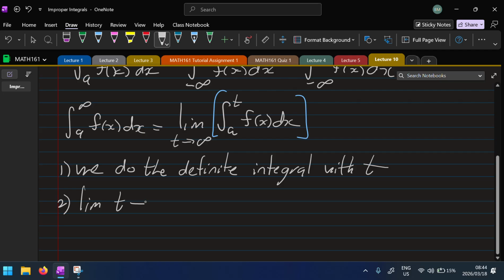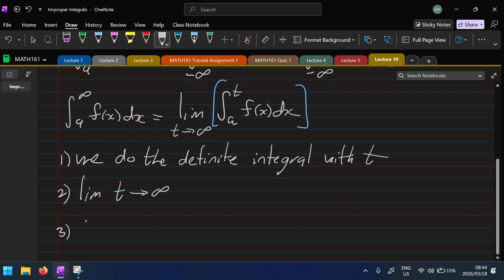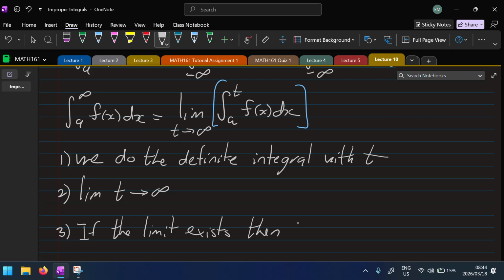Now, if this limit exists, then we have a nice number for the integral. If the limit doesn't exist, then the integral doesn't exist. There's no number we can put for that. So if the limit exists, then the integral exists.